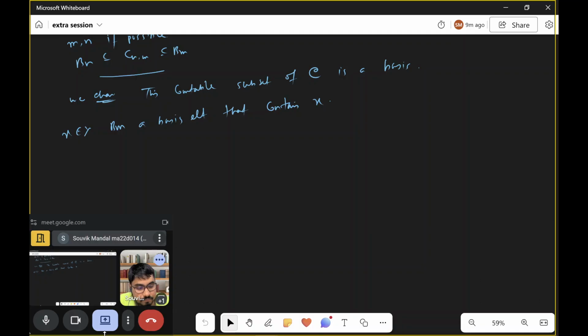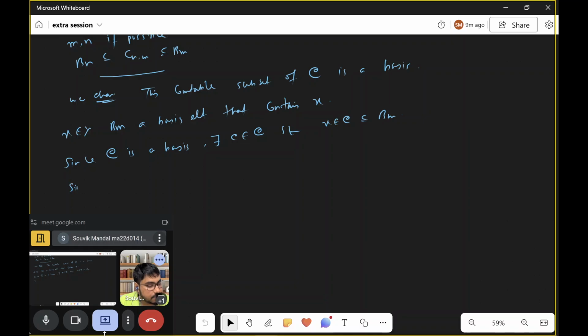Now since C is a basis, there exists some C belonging to C such that x belongs to C subset of B_m.